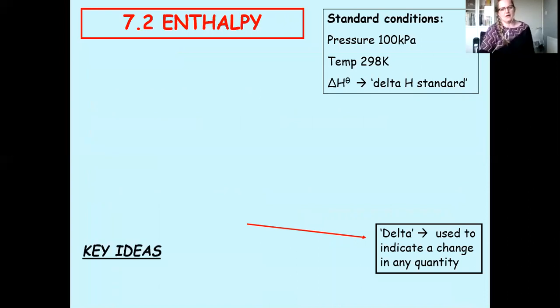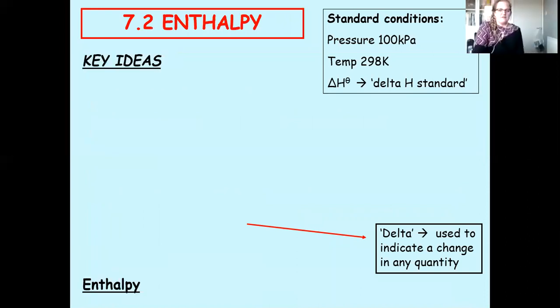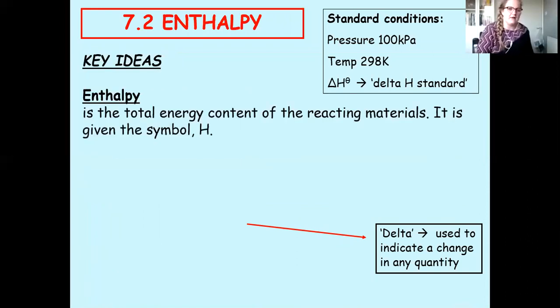So enthalpy. Let's go through the key ideas of enthalpy. Enthalpy is the total energy content of the reacting materials, and we give it the symbol H. Enthalpy actually occurs in set standard conditions.